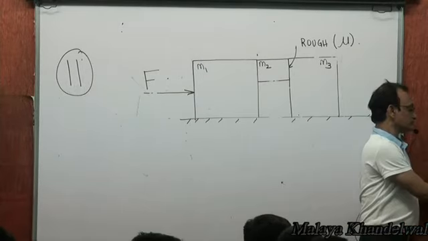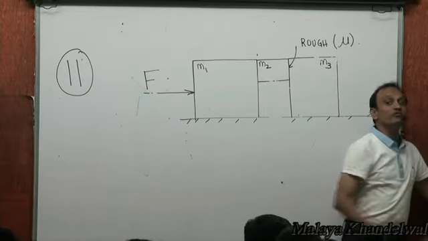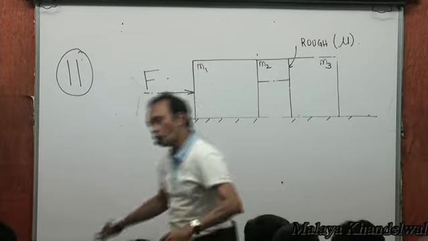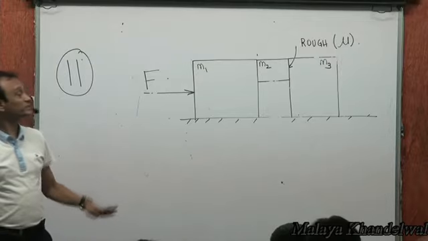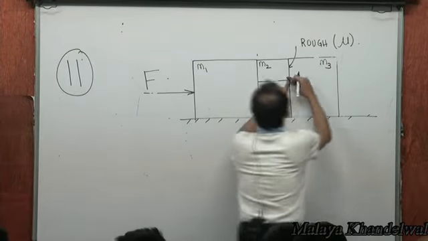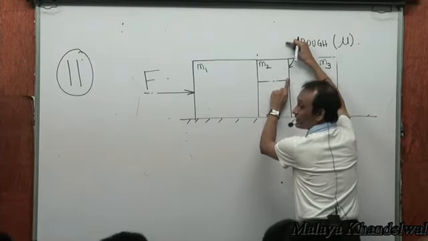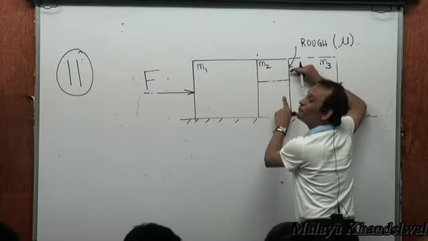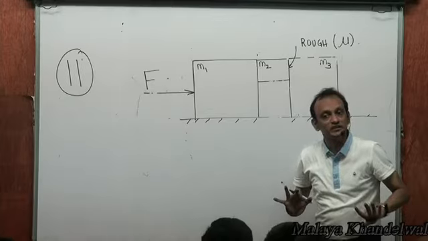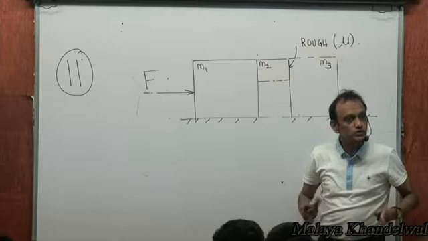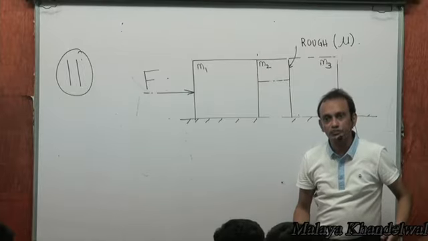That means there is ample friction between M2 and M3. Friction will act upwards on M2, and that will take care of the weight of M2. That's the objective, right?